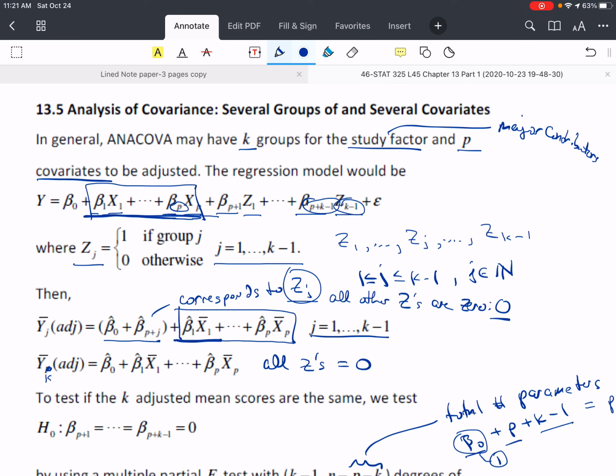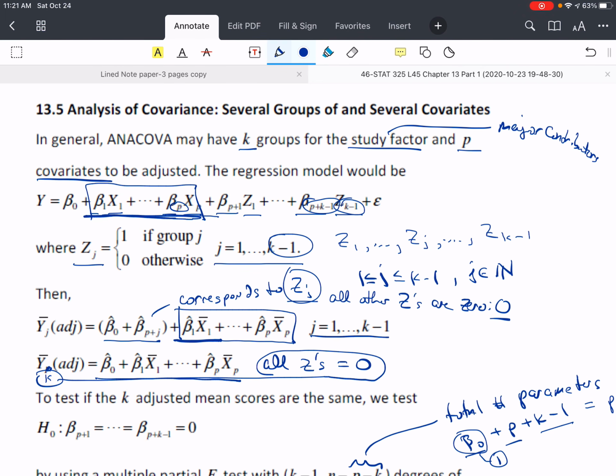Then we have y bar adjusted for k, the kth group. Notice that we have k minus 1 dummy variables, so if we are in group k, then all the z's are 0. And so we're left with the equation without any of the control variables in it, just beta naught hat plus beta 1 hat x bar 1, all the way up to beta p hat x bar p.